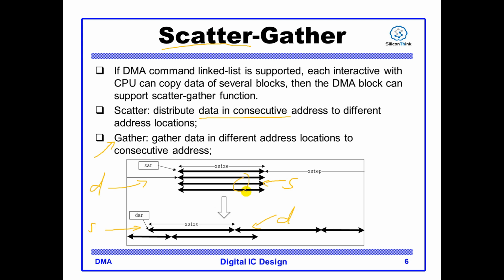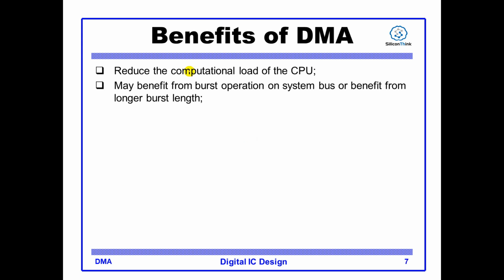Copy data from here to there. We call it gather function. And in the reversed manner, copy data from here to there. We call it scatter function. I have explained the benefits of DMA before. Let's see the next slide.